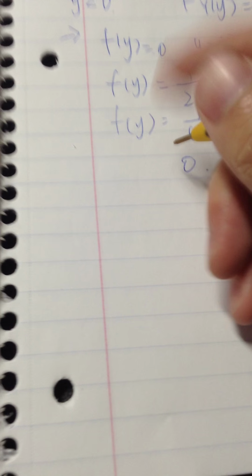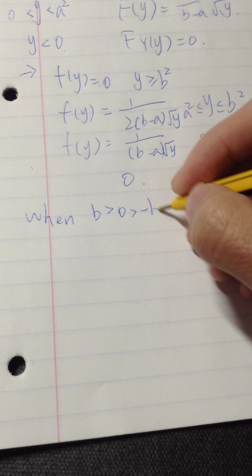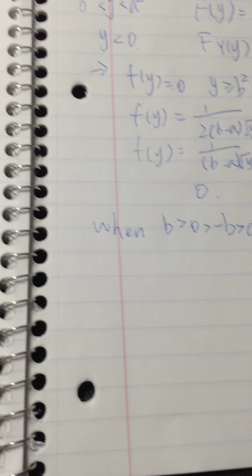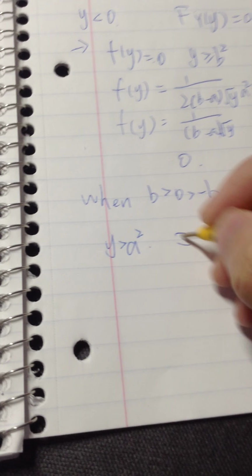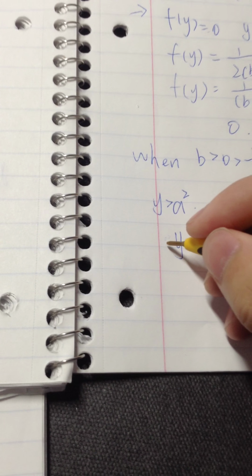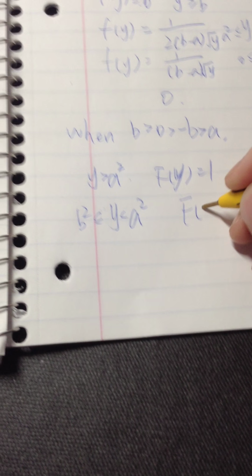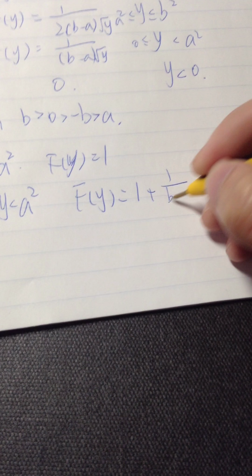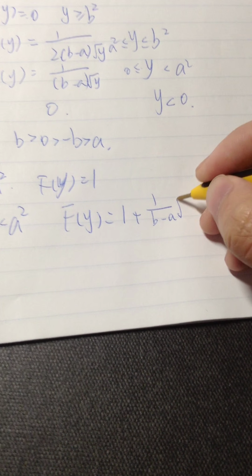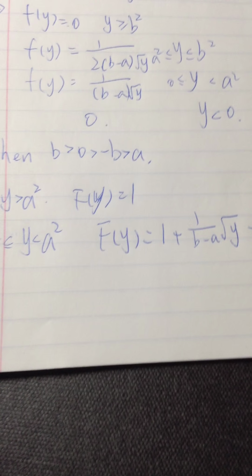Then the third situation is when b is bigger than 0, bigger than minus b, bigger than a. So when y is bigger than a squared, fy is 1. And when y is between b squared and a squared, fy is 1 minus 1 plus 1 divided by b minus a, square root y plus a divided by b minus a.